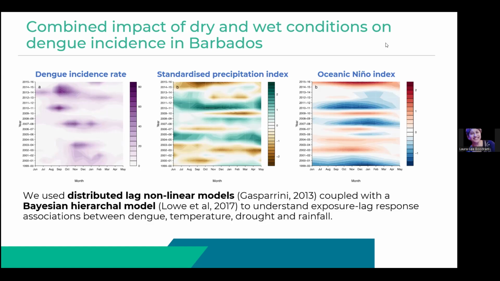So where things get a little more intensely colored, there's a good correlation with the number of cases of dengue that we actually see.